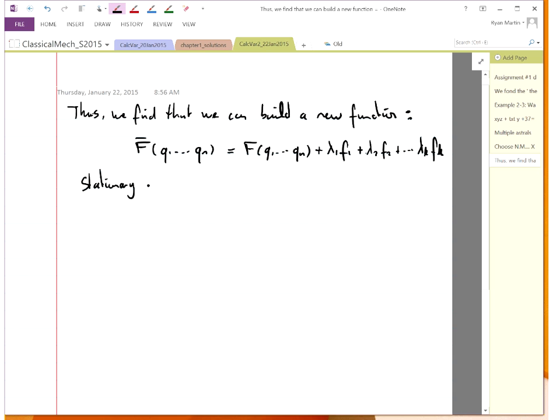And then the stationary points are found by requiring, on the one hand, that ∂F̄/∂qi equal to 0. That'll give us n equations, right, because there's n different q's.